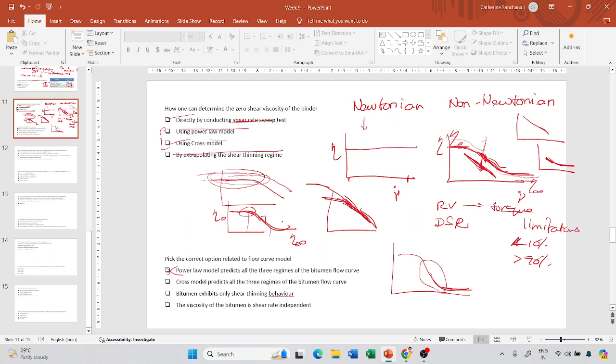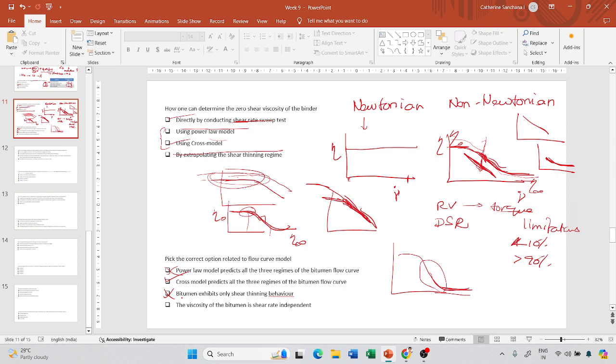Bitumen exhibits only shear thinning behavior. So this is not correct; the second option is correct. That statement is wrong because most of the literature says that it exhibits only shear thinning behavior, but there are a few researchers who say that it exhibits a shear thickening behavior also.